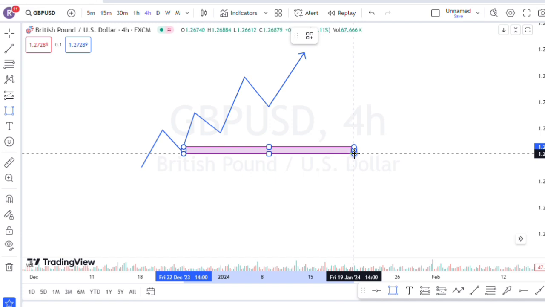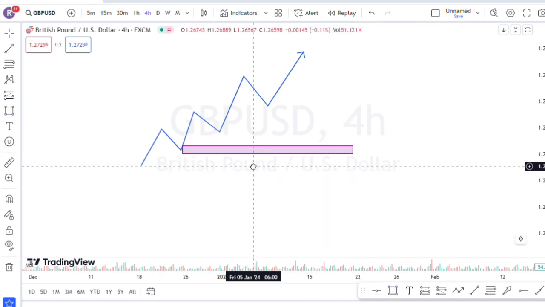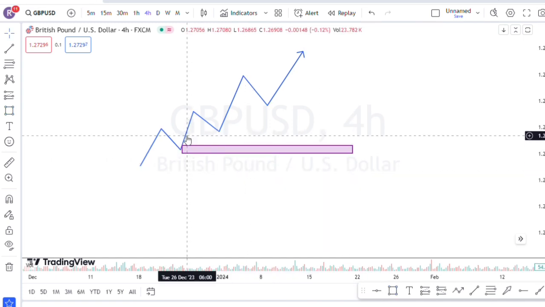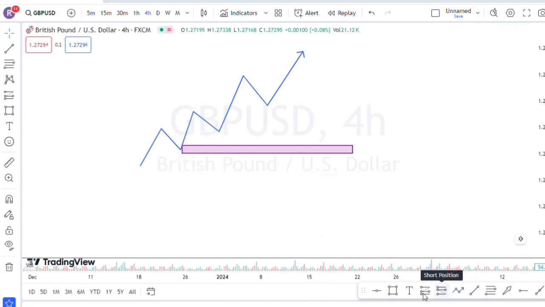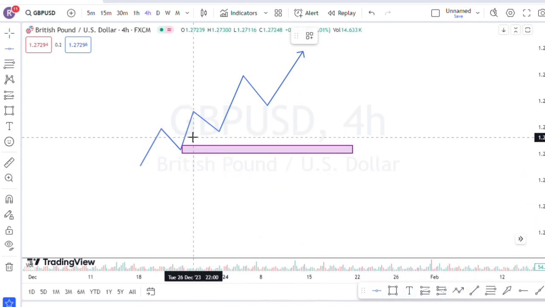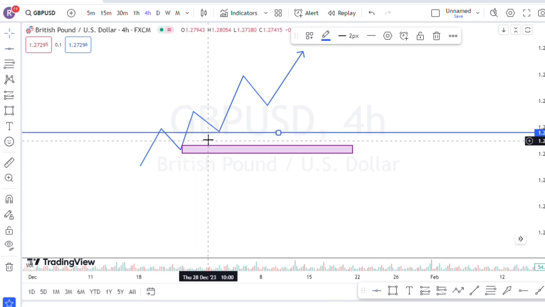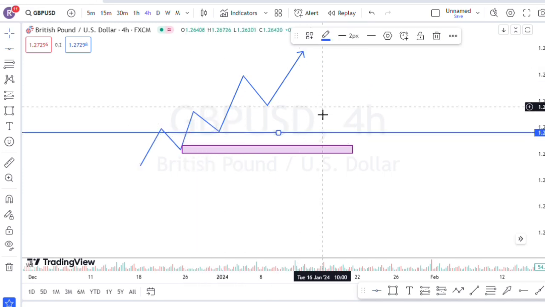When the market is moving in an uptrend, it has formed some sort of imbalance at this point, here. So at this point we shall look for a buy opportunity.